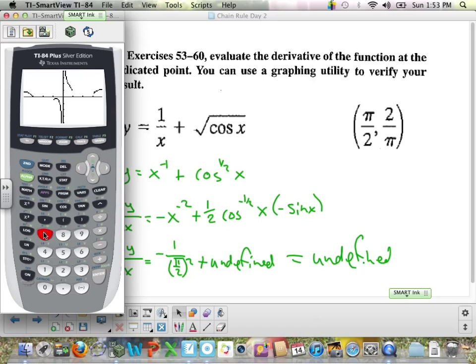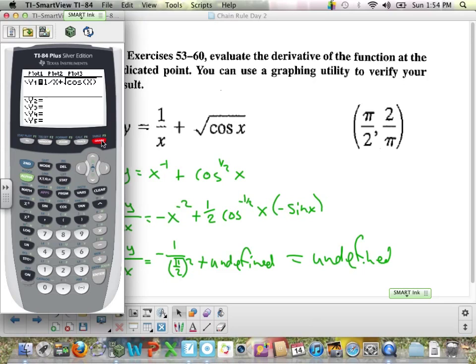And if we trace it to pi over 2, you can see it's starting to get really steep, so steep it did not connect the lines.